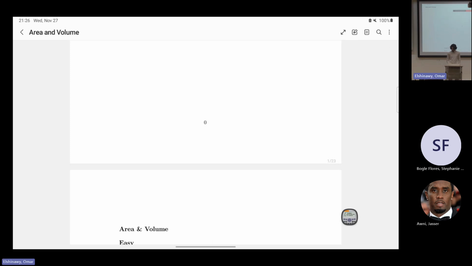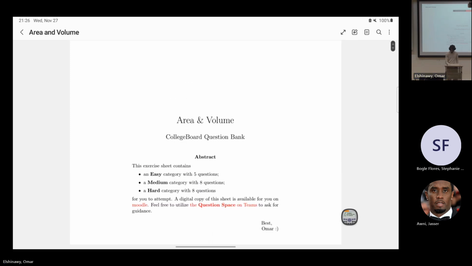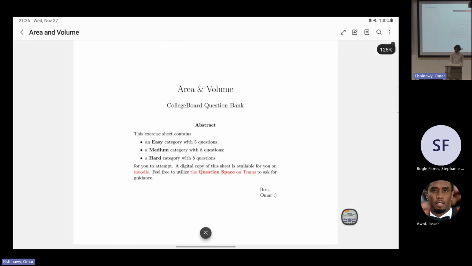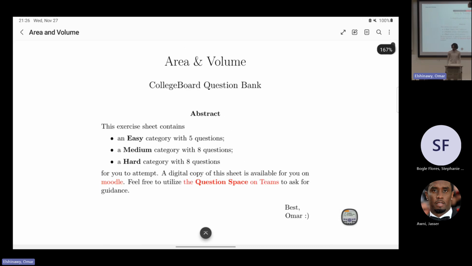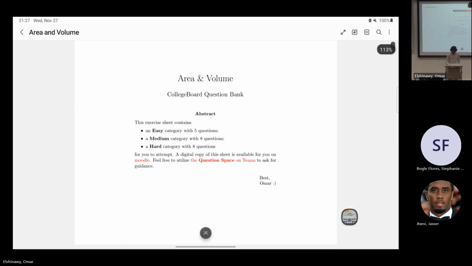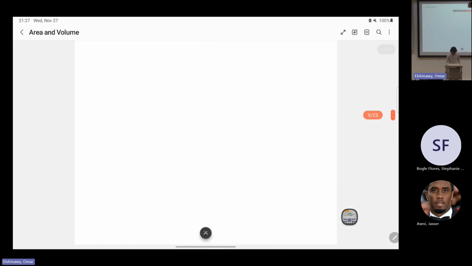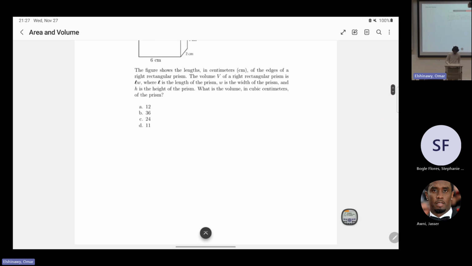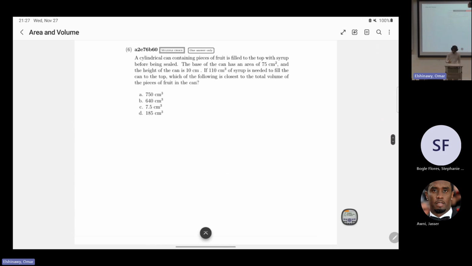I'll also try to communicate a certain way I like to view areas and volumes. So at least throughout my academic career, I've never had to memorize a formula that's related to area and volume. The way I was able to do this is by having an intuitive understanding of how this works. With the following questions, I will try my best to communicate that to you, so you don't have to memorize formulas.